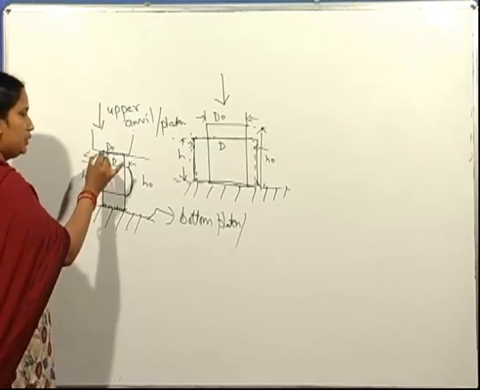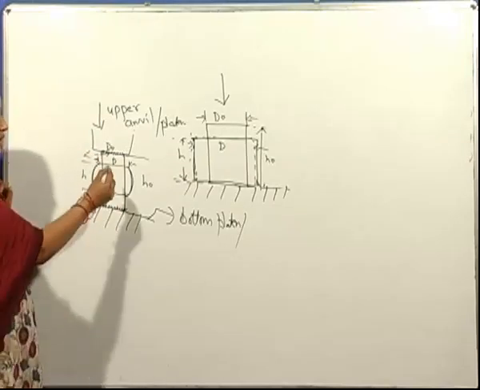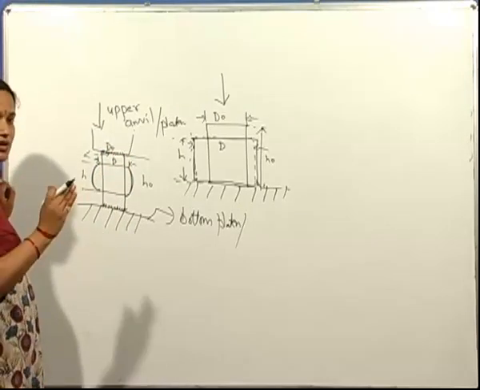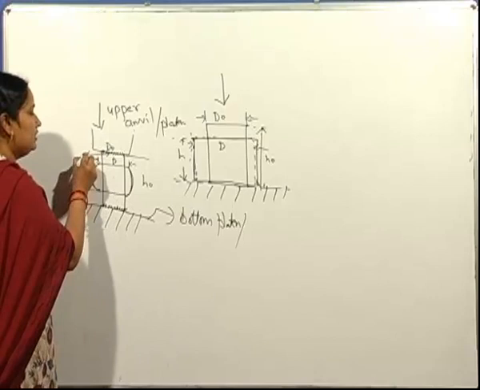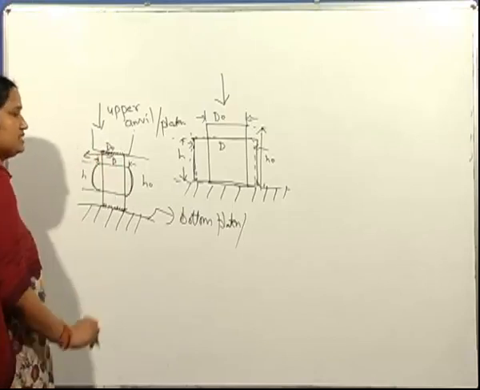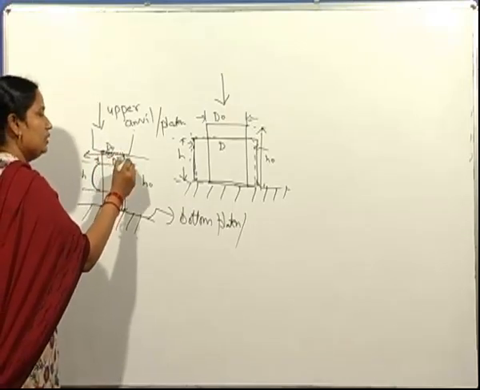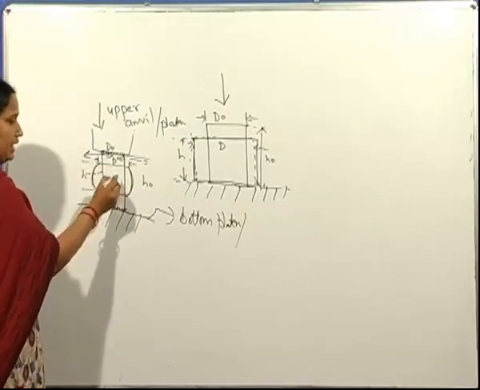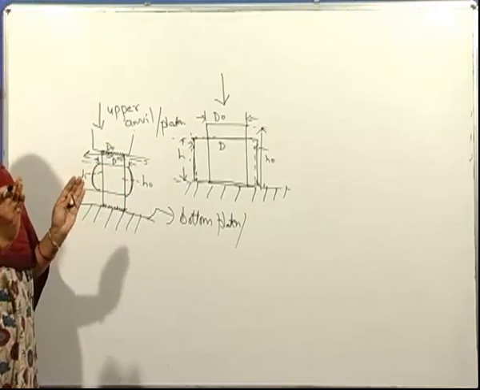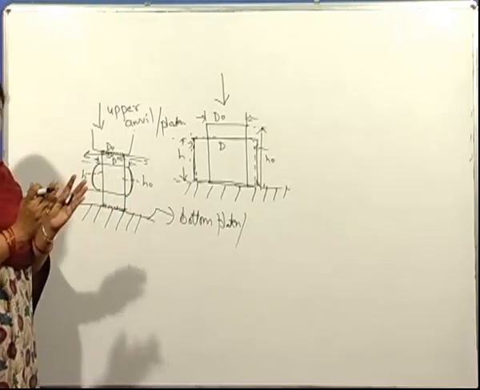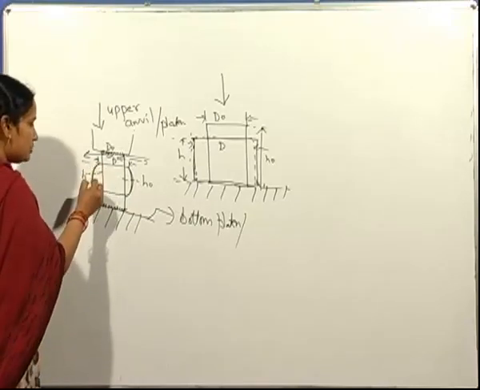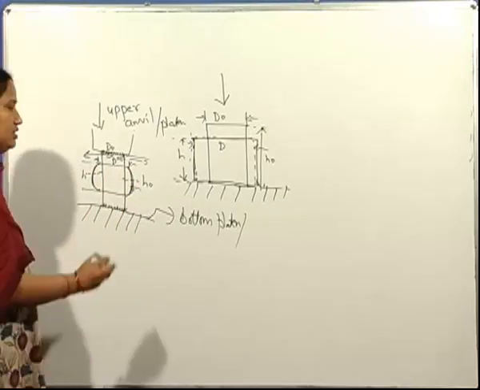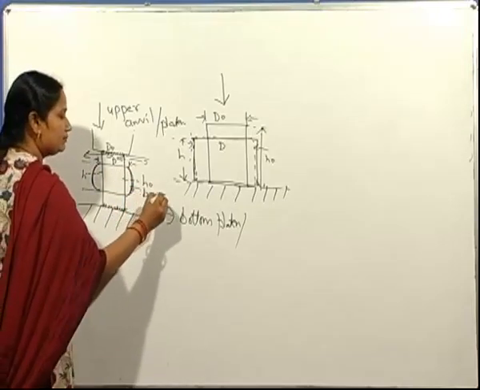The friction which prevails at the interface between the anvil and the cylinder surface restricts the free flow of that material. Friction acts in this direction, thereby does not allow the material to flow freely. Whereas the material which is at mid height, there is no resistance for it, so it can flow freely. Thereby this bulging or the barreling occurs. This is known as barreling.